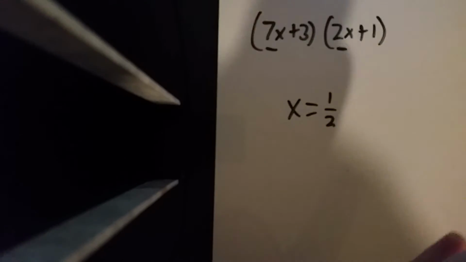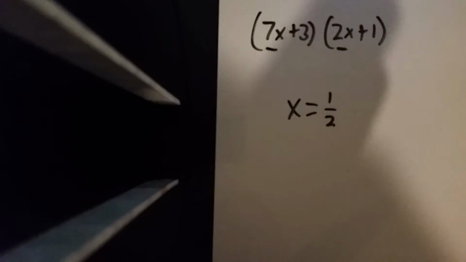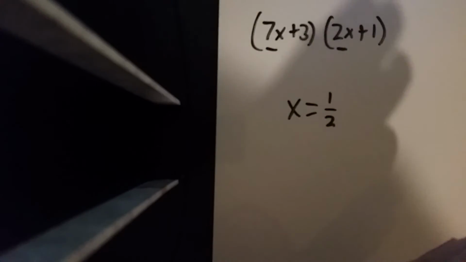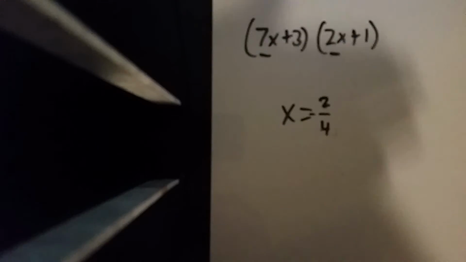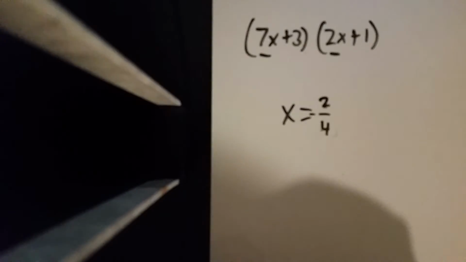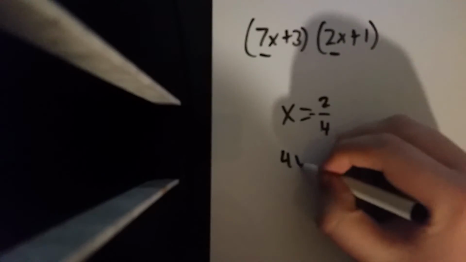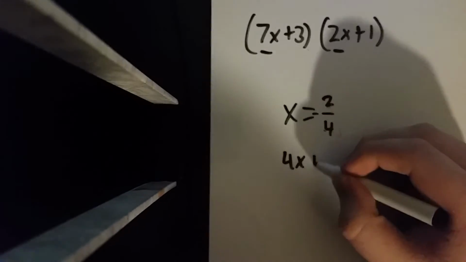This is due to the simplifying of fractions. Now, if we want to get the proper factor for this, it needs to be negative 2/4, it's meant to be negative. Then our factor would be 4x plus 2.